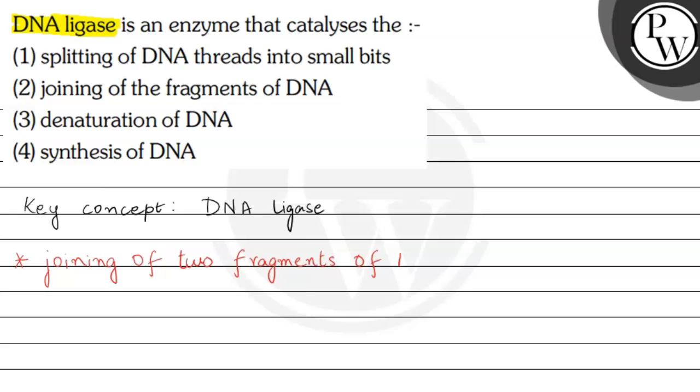So this enzyme plays a major role during DNA replication or DNA transcription, where a nick is done due to the exonuclease activity, and the nick needs to be joined together. So if the two DNA strands need to be joined together, then DNA ligase plays a major role.